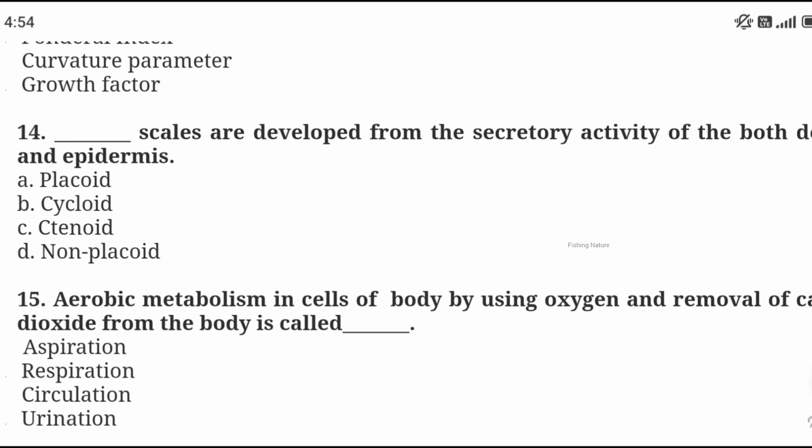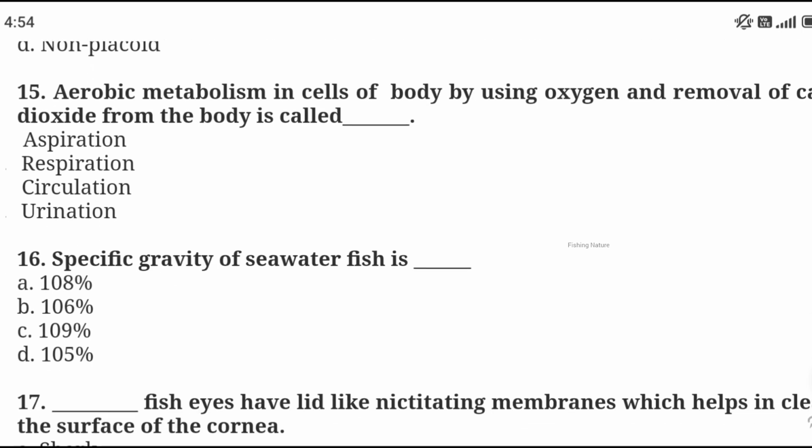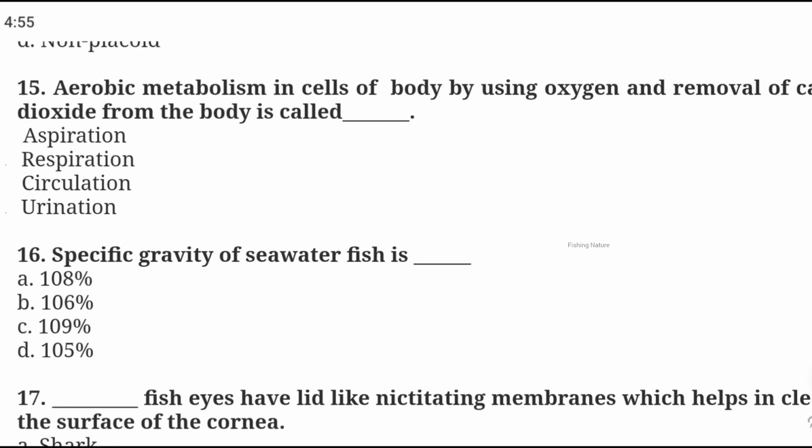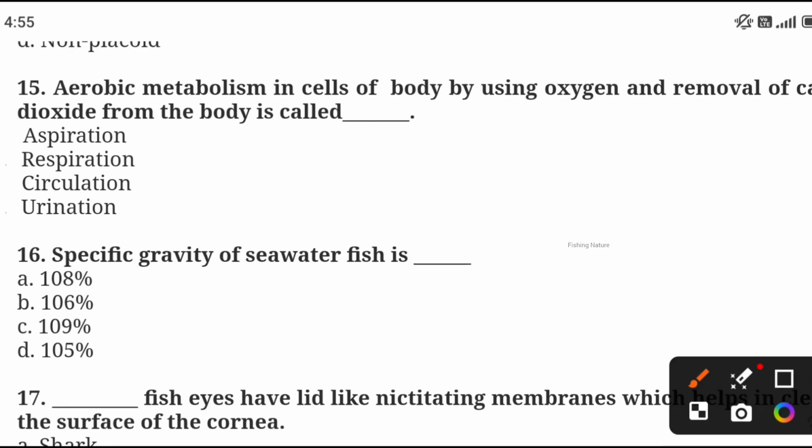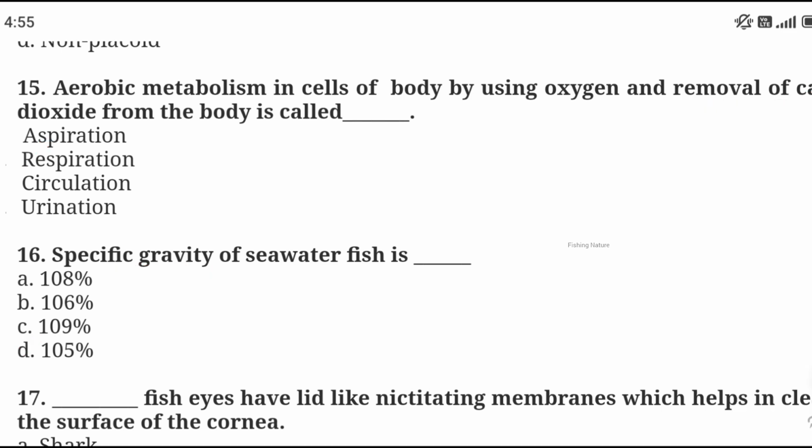Next, the aerobic metabolism in cells of the body, using oxygen and removing carbon dioxide from the body, is called respiration. Next, what is the specific gravity of seawater fish? Seawater fishes have a specific gravity of 1.05.